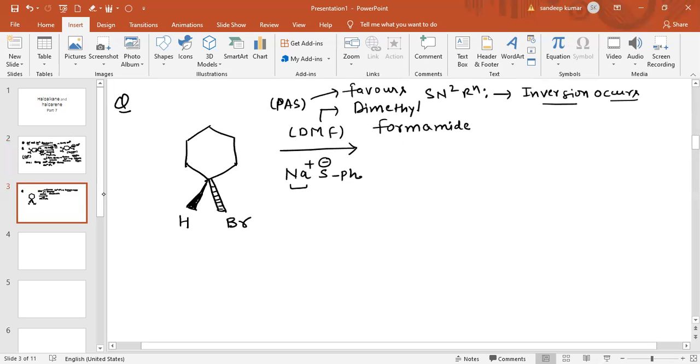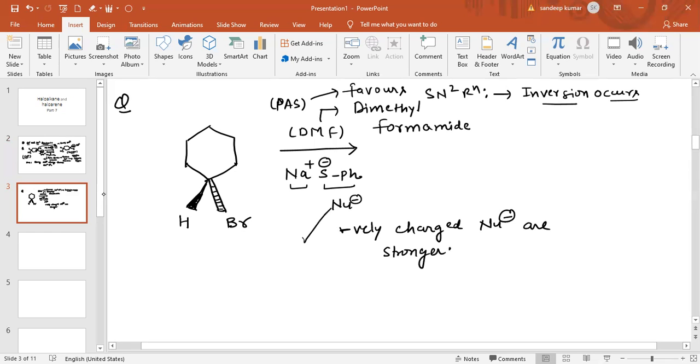Also, this part is the nucleophilic part, and we know negatively charged nucleophiles are stronger.